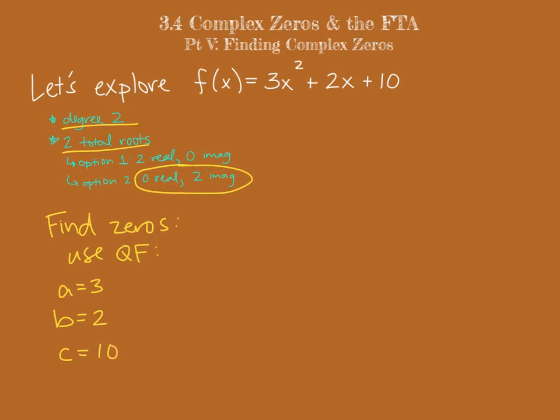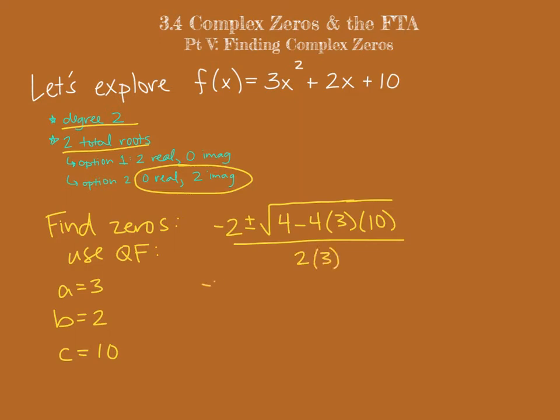Using the quadratic formula, we'll take the opposite of b, so negative 2, plus or minus the square root of b squared, or 4, minus 4 times a times c. I do recommend you have the quadratic formula written down and easily accessible in your notes. It is then all over 2 times a.